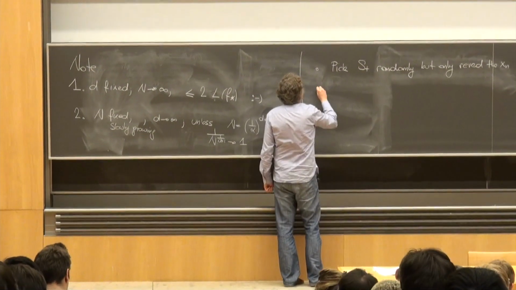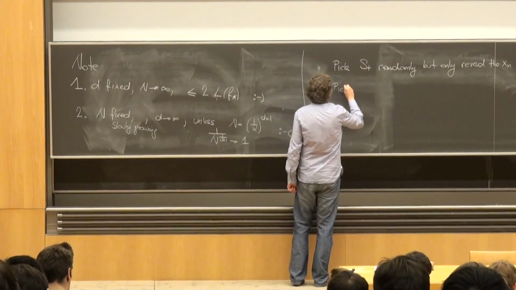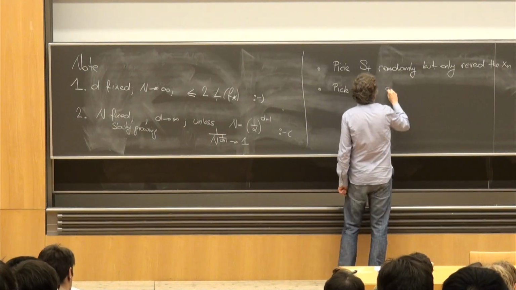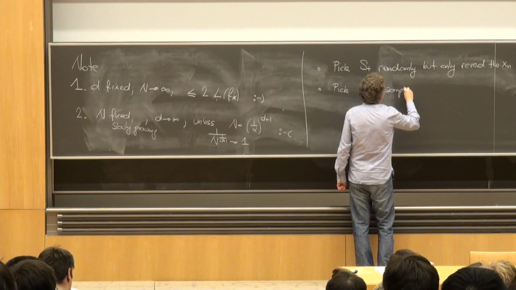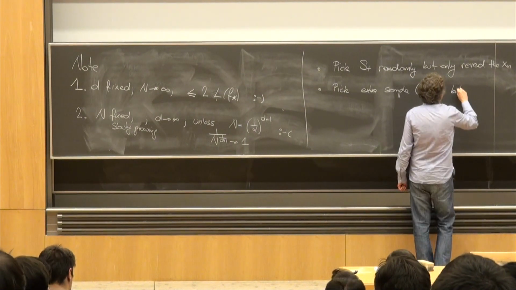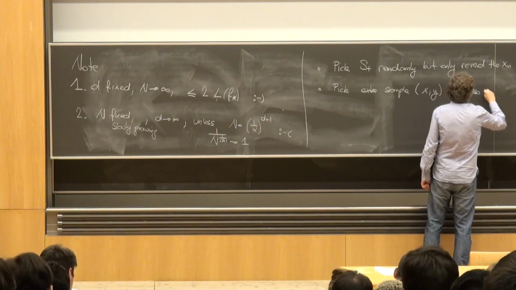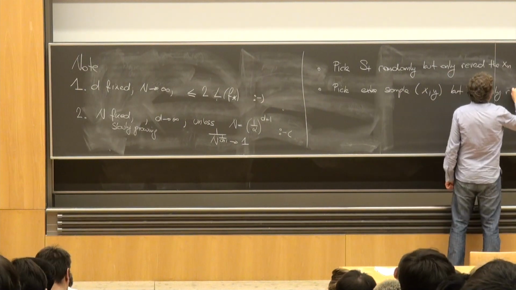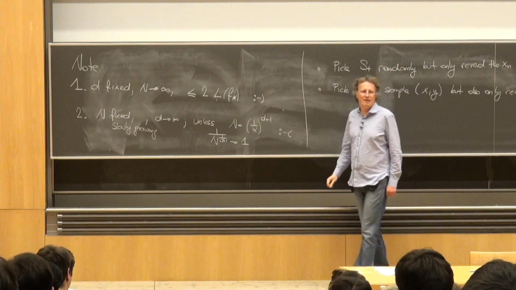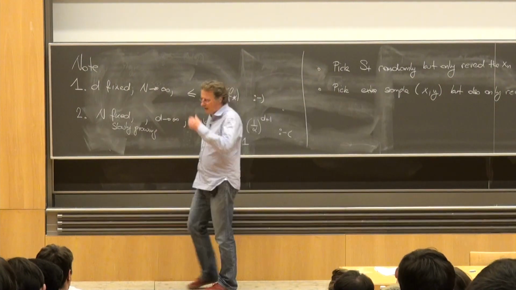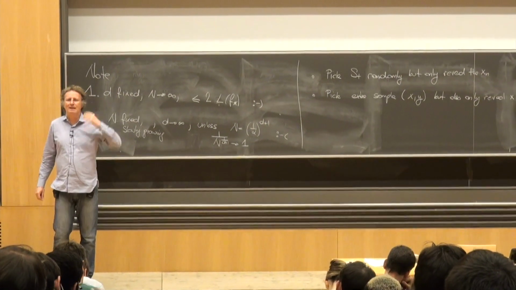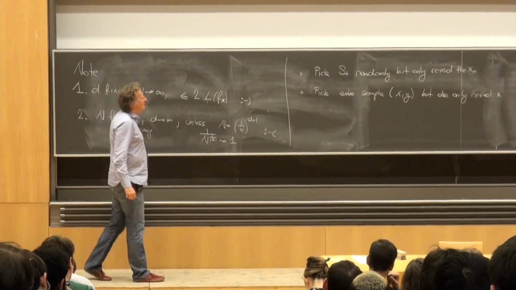Then pick an extra sample, a new sample (x, y), but also only reveal x. Again, I don't reveal the y right now. I just want to reveal it a little bit later, because then it will be clearer to see what's happening.